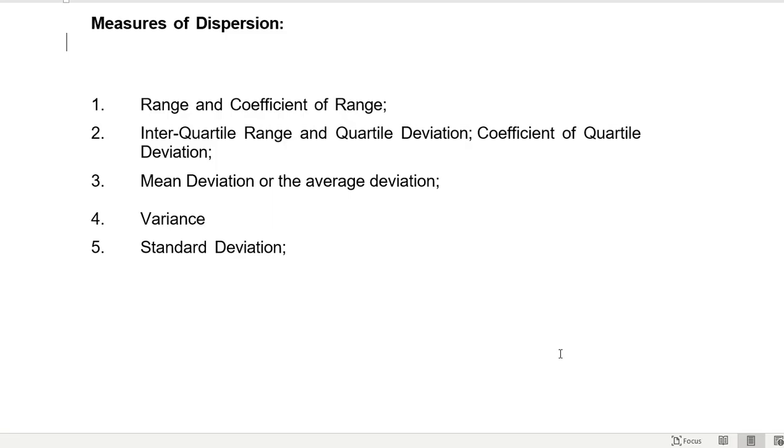Till now, we started from chapter number 1, which was about data. We checked what sort of data we have in statistics. Then, after collecting data, the second thing we discussed was how we can present the data in a form which is understandable. So that was presentation of data.